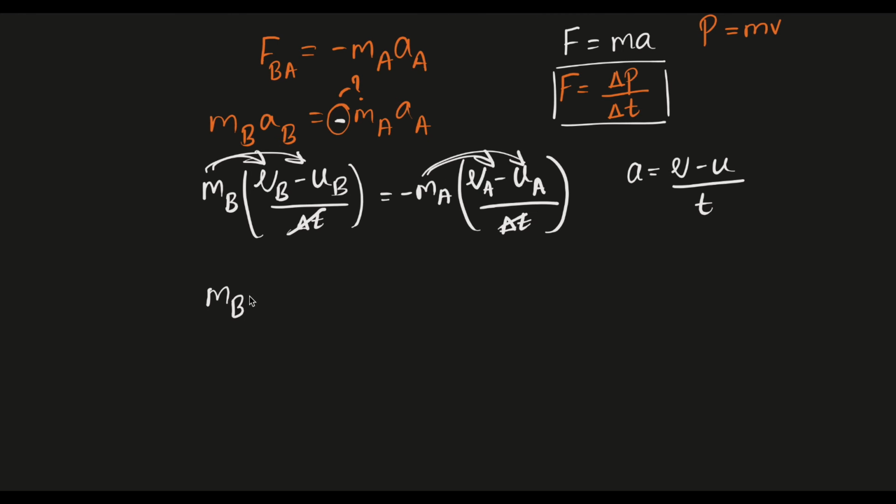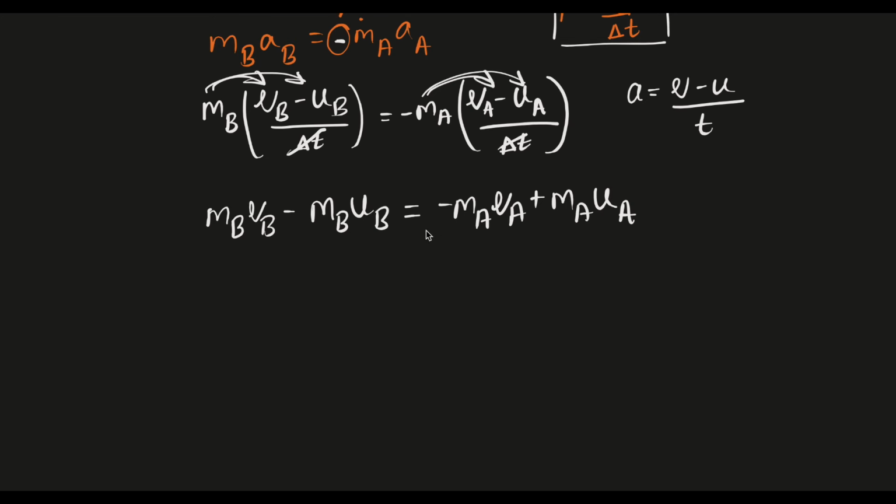You will get MB VB minus MB UB is equal to minus MA VA plus MA UA. Alright, we are getting somewhere.